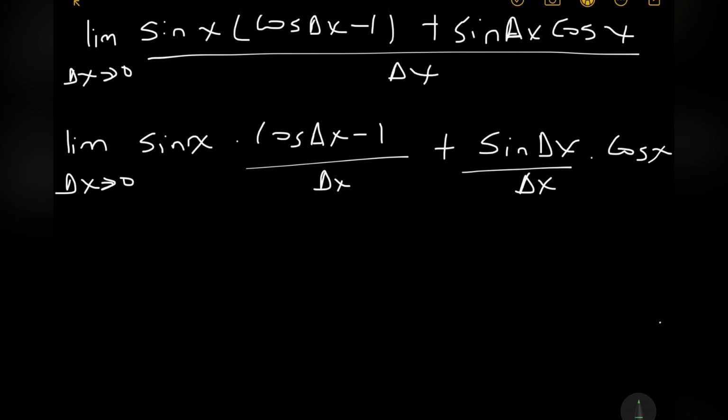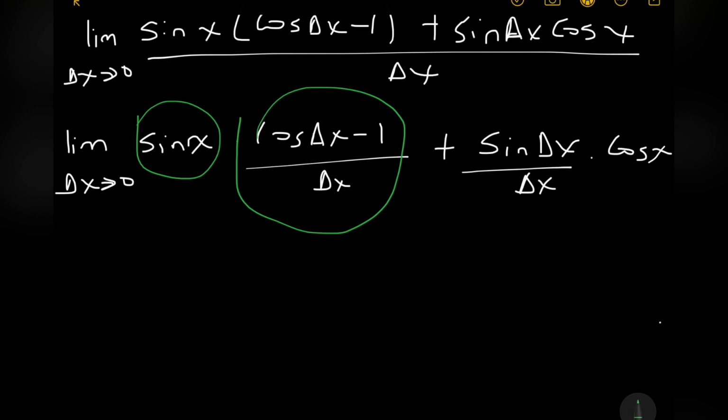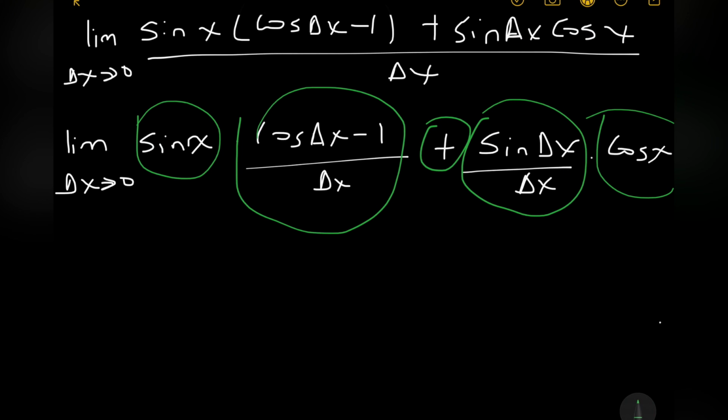If we apply the same principle, where we can find the limit of each function individually and multiply them, and afterwards add them, we will result in this. The limit of sine x as delta x approaches 0 would give sine x.